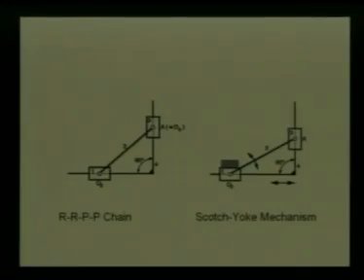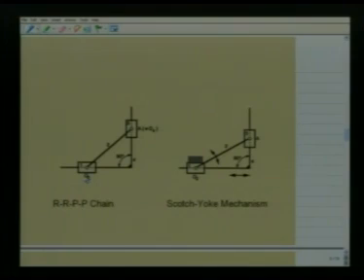Here we consider a 4-link planar mechanism with a revolute pair at O2, another revolute pair at O, which I call O4, that is link number 2 has 2 revolute pairs at its either ends. And link number 3 has a revolute pair at O and a prismatic pair with 4 along the vertical direction.